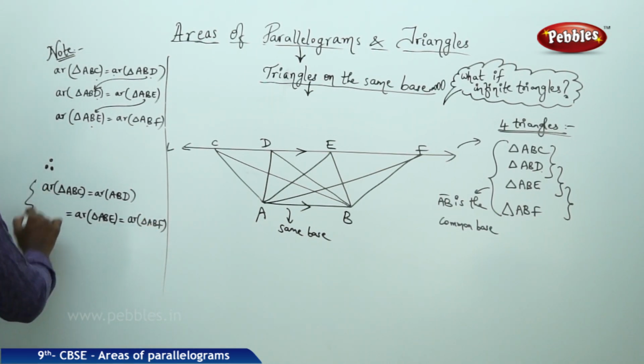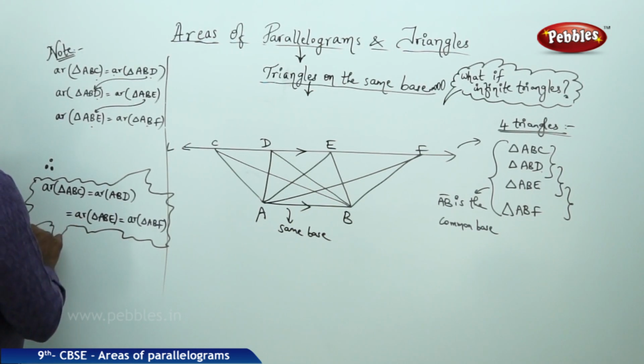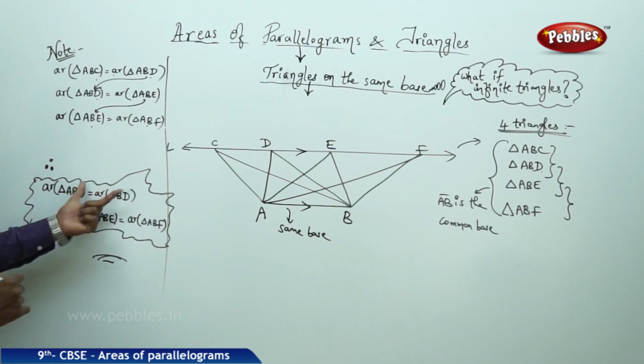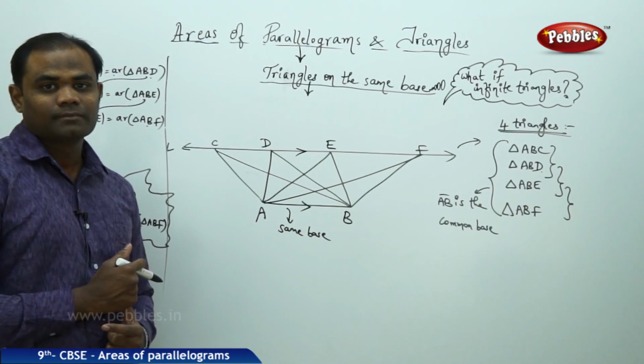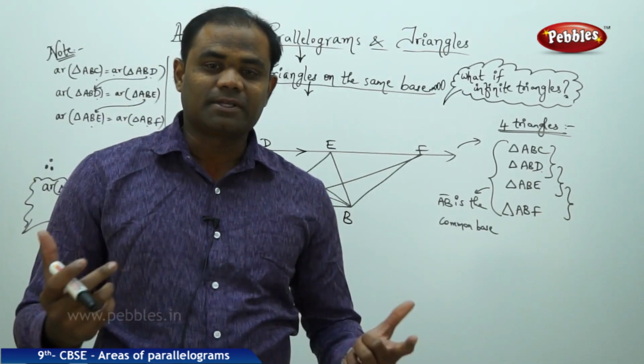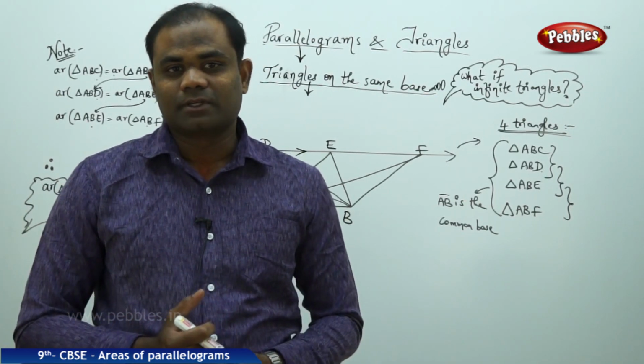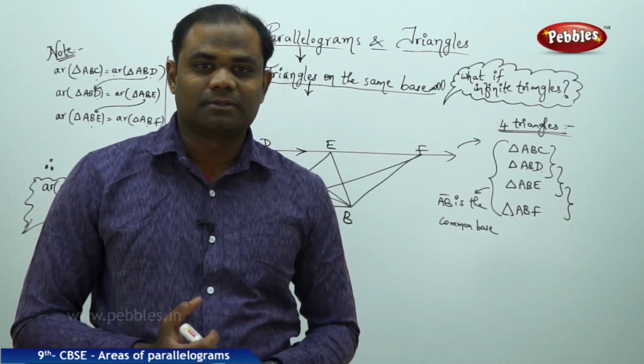This is how I see the area of each of the triangles being equal. Therefore, if I have more than two triangles on the same base and between the same parallels, all the triangles must have equal area. This is how we understand the concept.